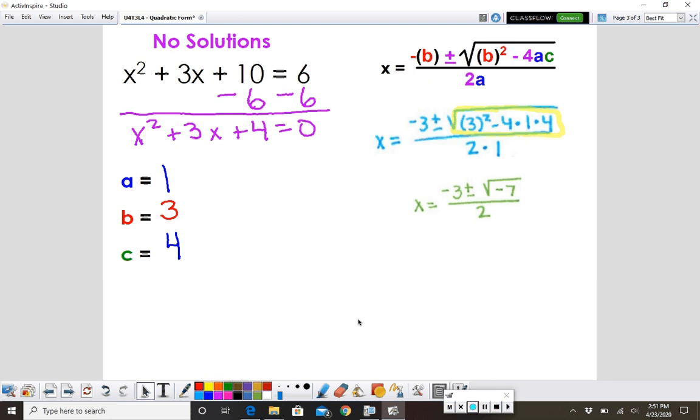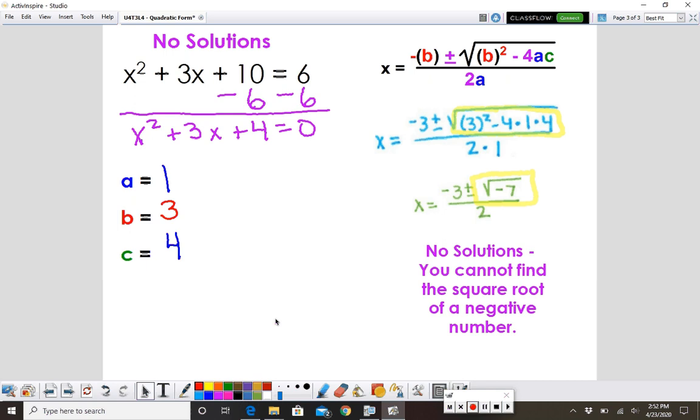Because remember, the only way to get a negative number is to have a negative times a positive. And the only way to have a square root is to have the same thing. So it has to be a positive times a positive or a negative times a negative. So when you get a value underneath your radical symbol, your square root symbol, that is negative, once you get to this point, you just stop and you write no solutions. And there are no solutions because you cannot find the square root of a negative number.